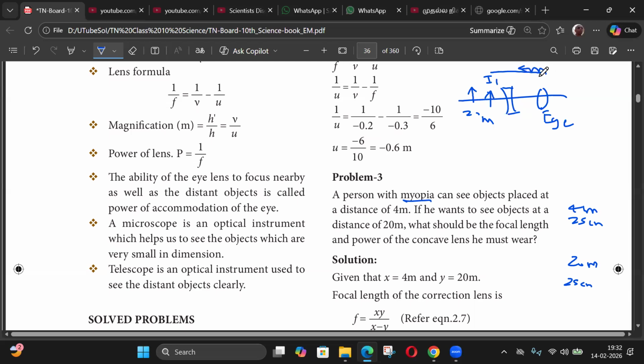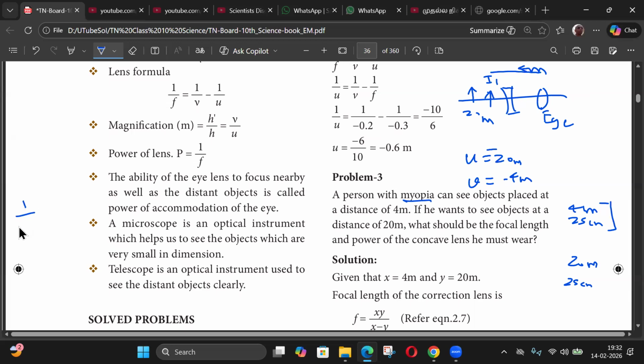Is that clear? The actual object is at 20 meters. Using the specs, I'll bring that image to 4 meters because this eye can see only up to 4 meters. So for this concave lens, U is 20, I'll put the sign, and V should be 4 meters. And the sign is minus, minus because both are on the left side.